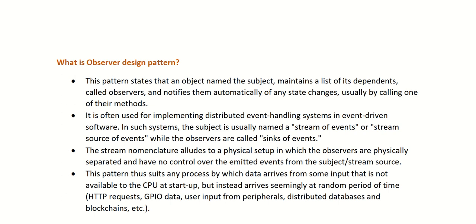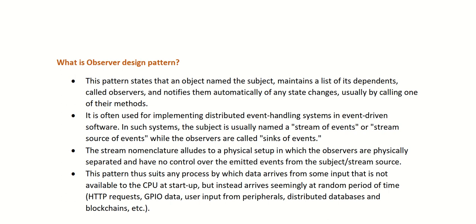In order to implement this kind of notification to your subscriber objects, this pattern thus suits any process by which data arrives from some input that is not available to the CPU at the startup. Mark this statement, guys. This pattern suits any process by which data arrives from some input that is not available to the CPU at the startup, but instead arrives seemingly at a random period of time.